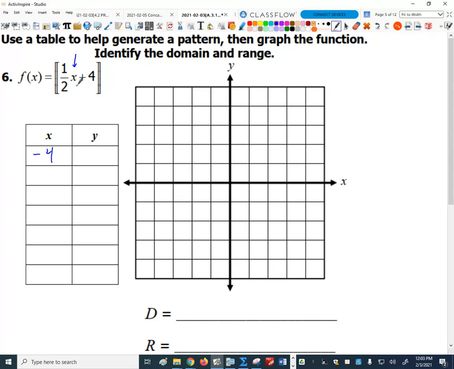What's 1/2 times -4? Everybody type it in chat. 1/2 times -4 is what? Good, -2. Okay, plus 4 would be 2, right? So I'm doing the floor of 2. That's what I'm calculating here.